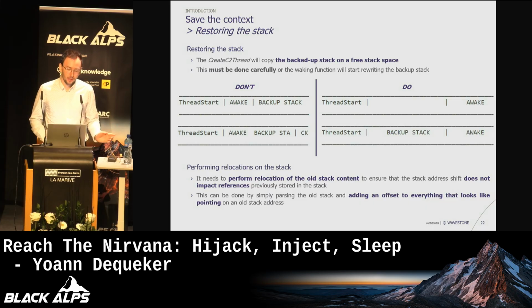And if you see any address like that, you just add your offset to this address, and it will now be pointing to the new backup stack address. So with this, you have been able to fully restore the stack. So once your beacon starts running again, it will find all its data and it will be able to communicate with the command and control without crashing or without creating a new session.